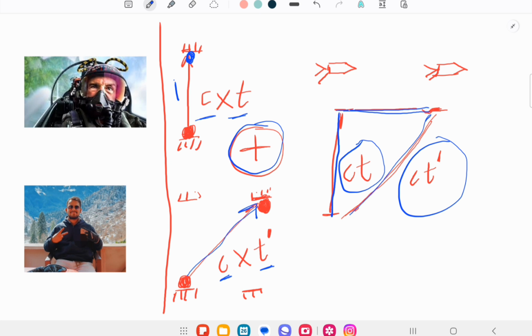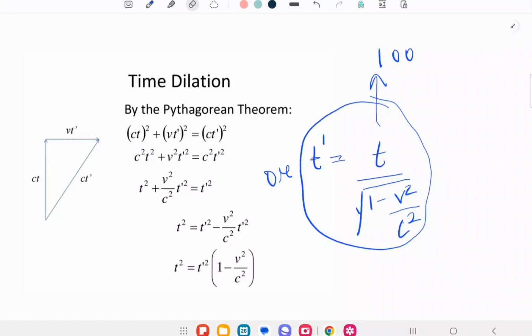Okay, now as we know, the ship is moving in the forward direction with speed v, and it's going from point A to point B in the dilated time t dash. So this length would be v into t dash. Now we just have to call Pythagoras uncle to solve our problem.